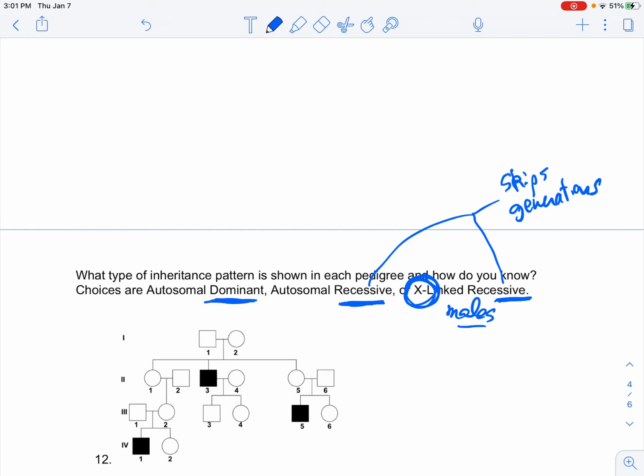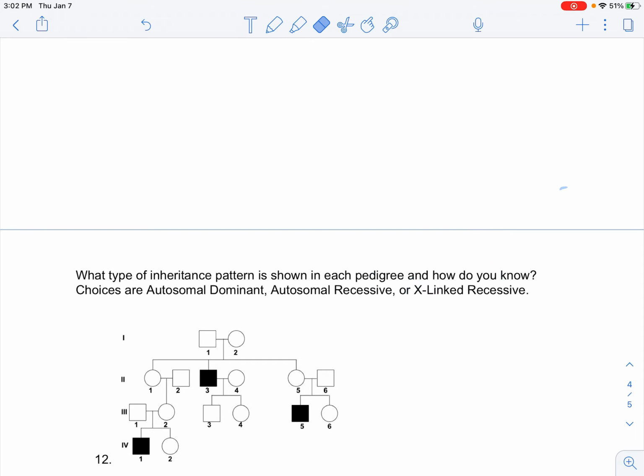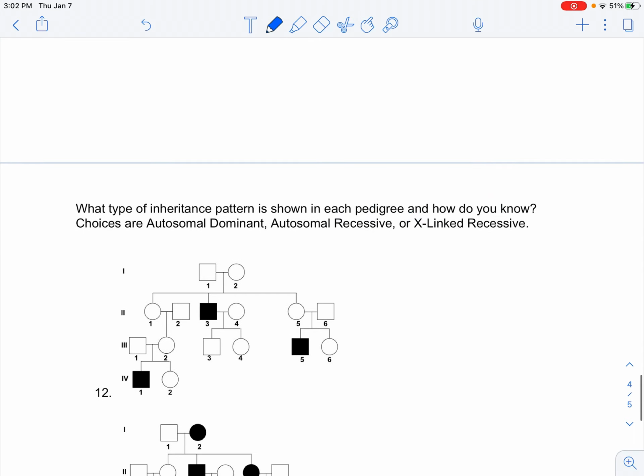The dominant trait is not going to skip generations. And again, with autosomal, the key word is that it's not a gender chromosome. So it's going to be on, for humans, one of the chromosomes numbered 1 to 22. Has nothing to do with whether someone is male or female.